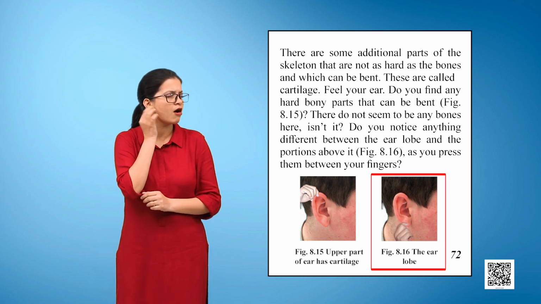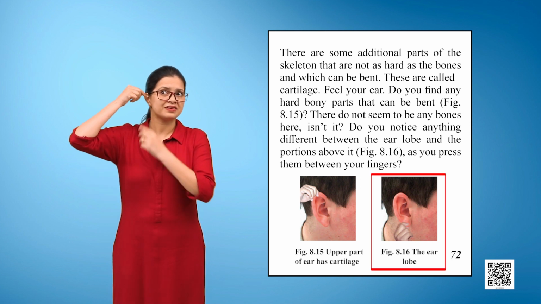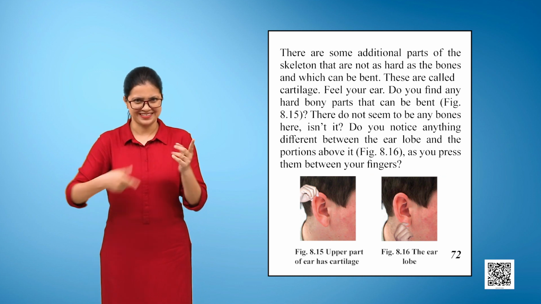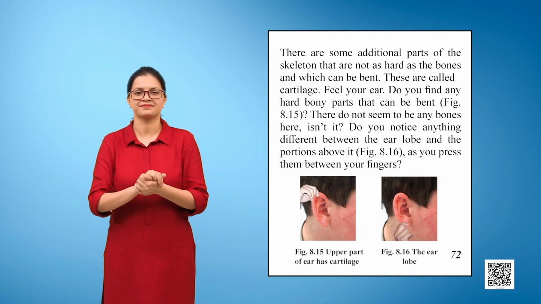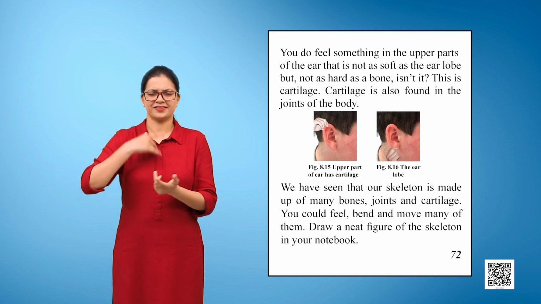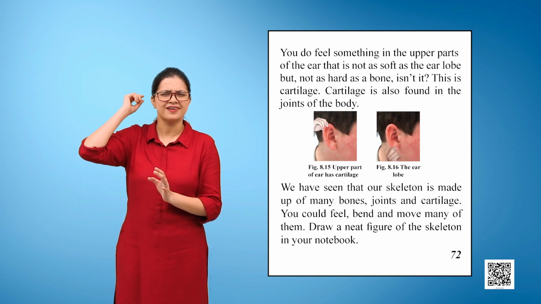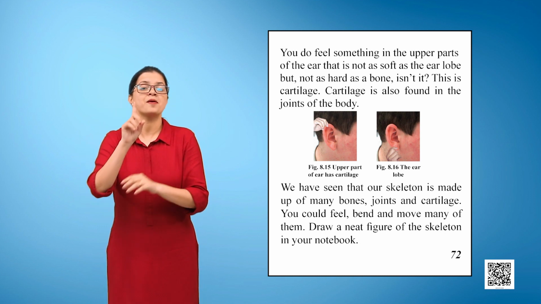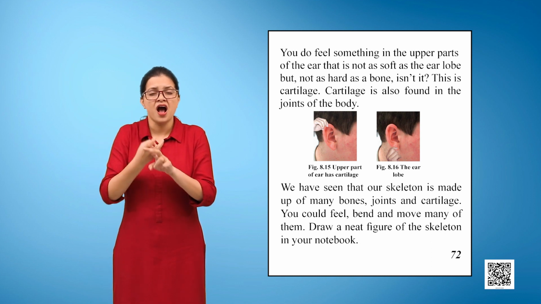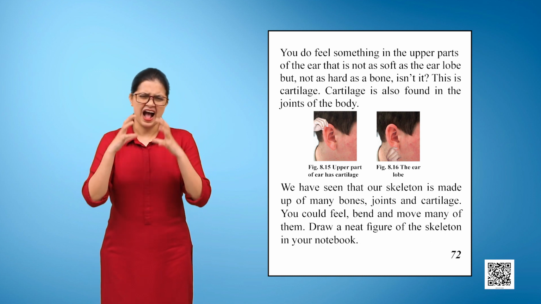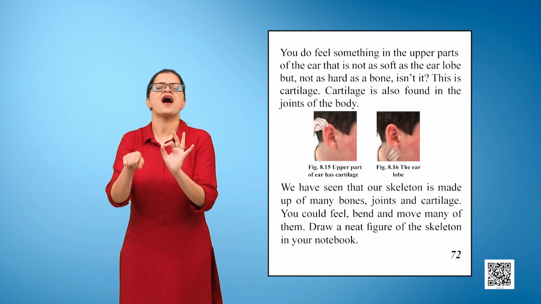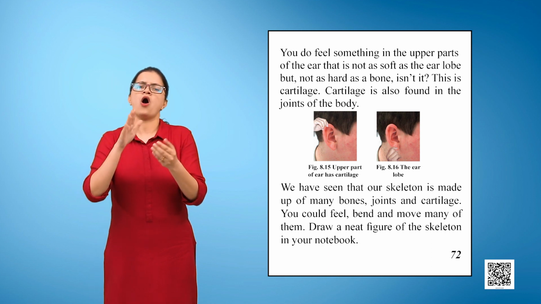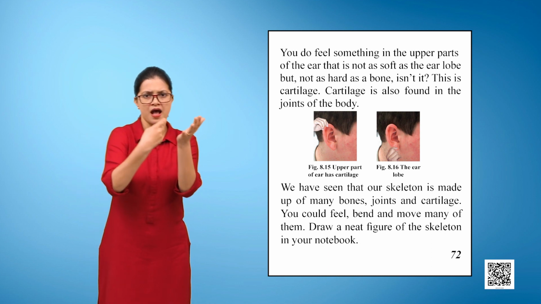As you press them between your fingers, you do feel something in the upper parts of the ear that is not as soft as the earlobe, but not as hard as a bone, isn't it? This is cartilage. Cartilage is also found in the joints of the body.